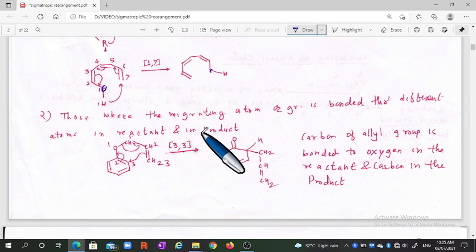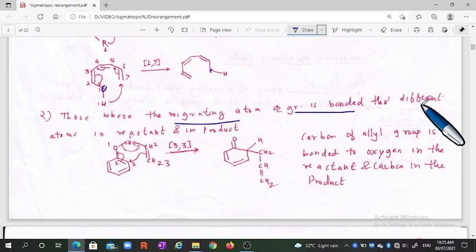But in the second group, the migrating atom or group is bonded through different atoms in the reactant and the product. In this case the allylic CH2, or allylic carbon, is attached to the oxygen in the reactant, but in the product the allylic carbon is attached to another carbon.